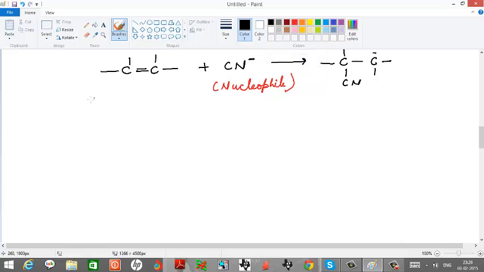For example, take vinyl cyanide: CH double bond CH triple bond N positive, double bond C triple bond N with a lone pair of electrons. This is vinyl cyanide.